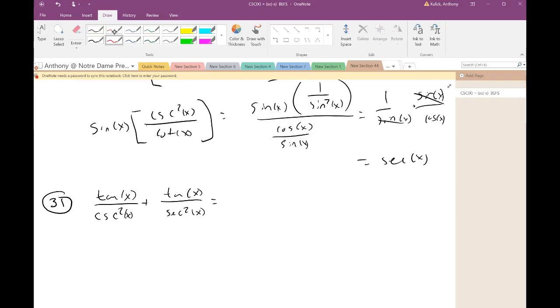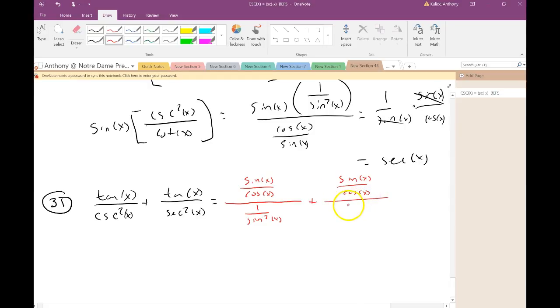So let's do that. Tangent is sine over cosine. And then cosecant squared is 1 over sine squared. And then we have tangent again. We already know what that is. And then secant squared is 1 over cosine squared. Everybody's okay so far?